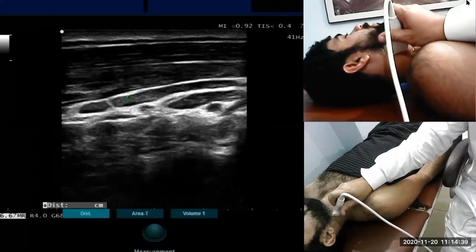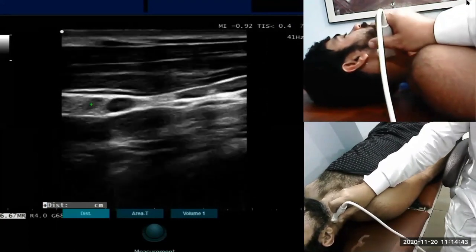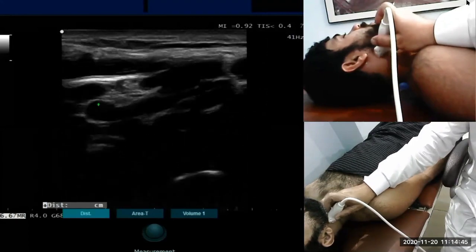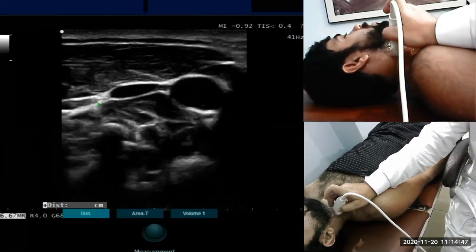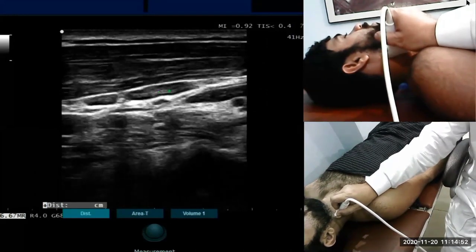These are tubular lymph nodes, another over here, another over here, another over here. These are small lymph nodes, which are tubular. You see, they are tubular.